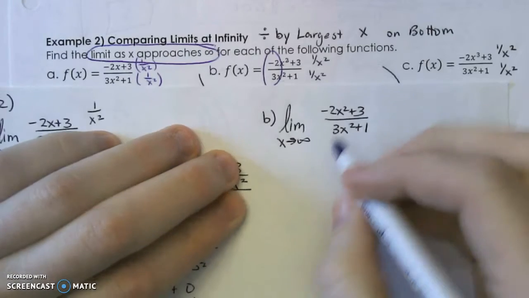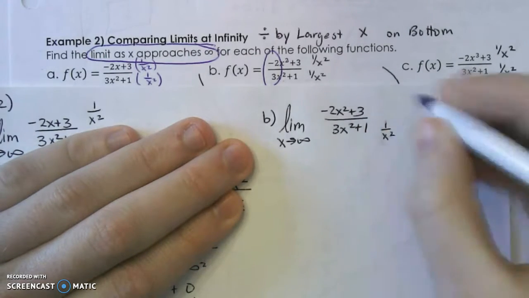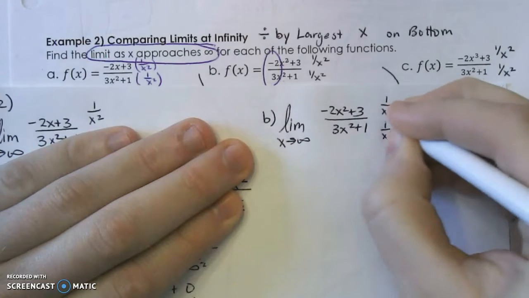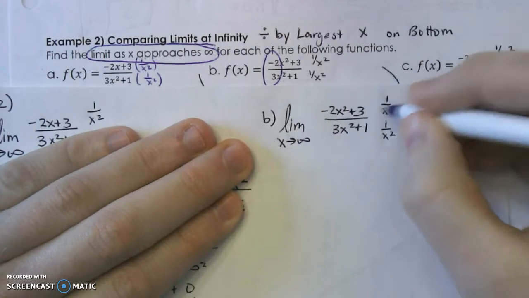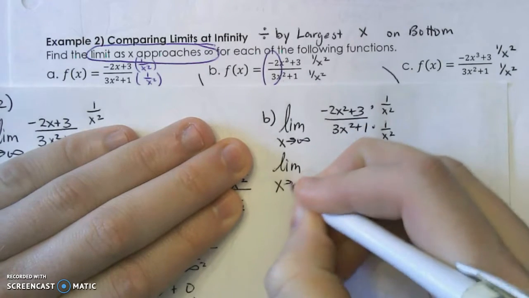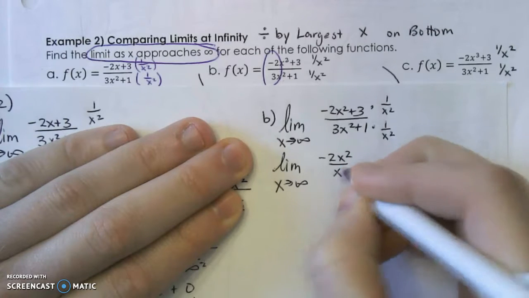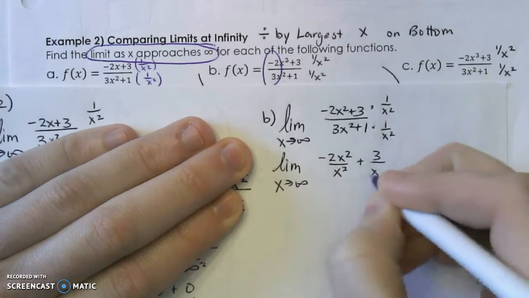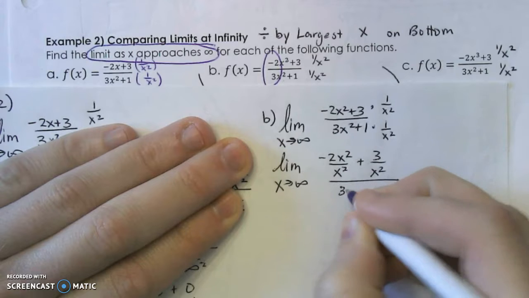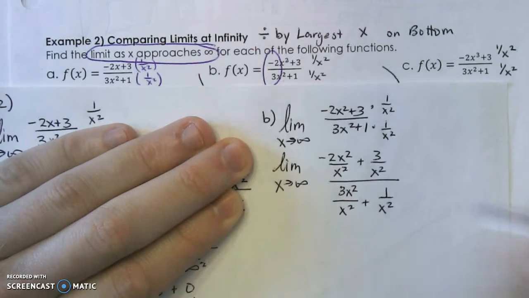All right, part B, the biggest x on the bottom is x squared again. So we're going to divide by x squared, or in other words, multiply by 1 over x squared on top and on bottom. And so that gives me negative 2x squared over x squared, 3 over x squared, 3x squared over x squared, and 1 over x squared.